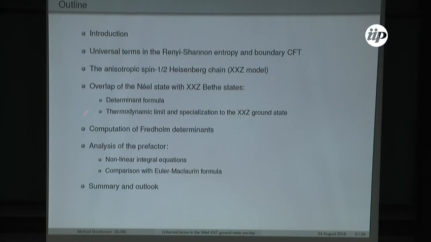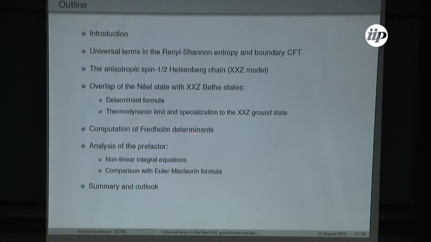Then I will introduce the anisotropic spin 1/2 Heisenberg chain just to fix the notation, and then the technical part of my talk is about these overlaps of the Néel state and how to compute these overlaps in the thermodynamic limit. I will show you that there are two techniques which will be used to get information out of these overlaps.